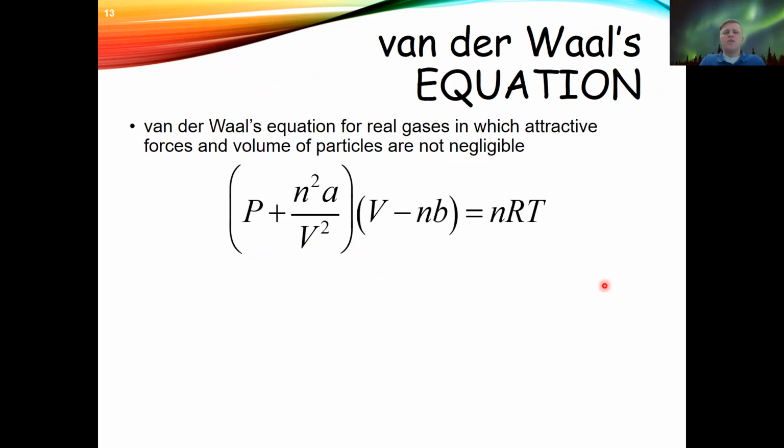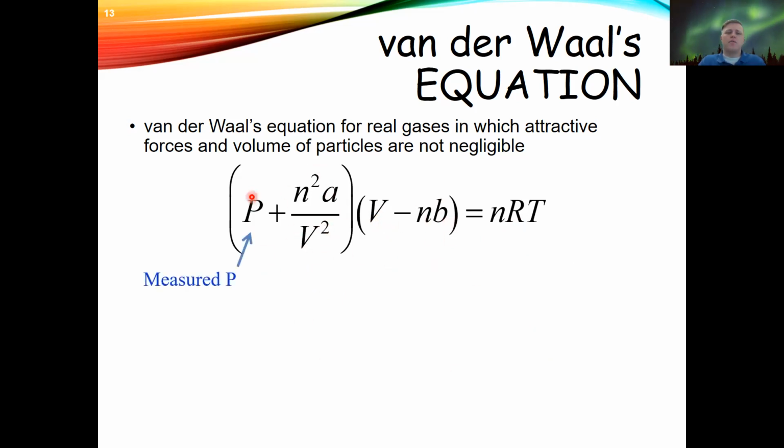We're going to do that using what's called the van der Waals equation. If you look at it, the van der Waals equation is actually fairly similar to the ideal gas law. We still have pressure, we still have volume, and we have our nRT over here. So you're basically still doing pressure times volume equals nRT, but now we're correcting for the pressure and correcting for the volume.